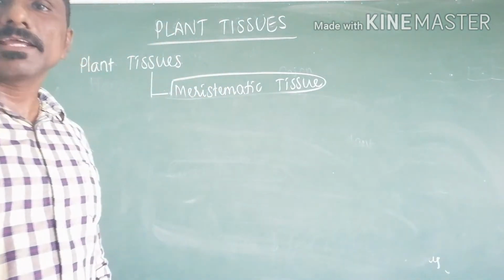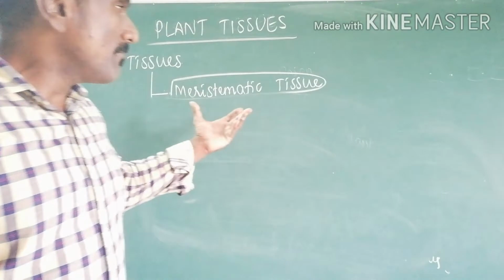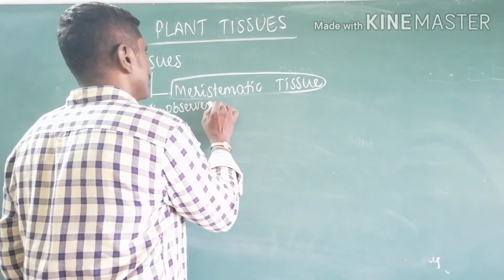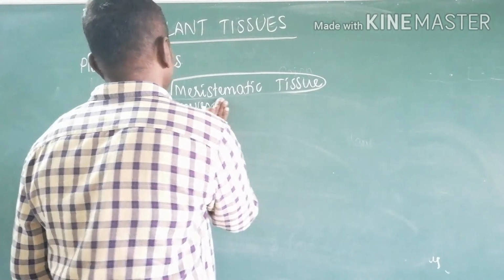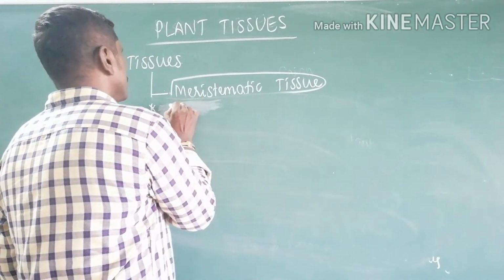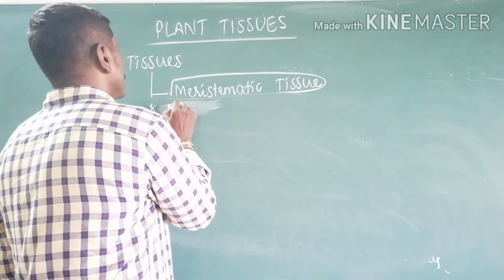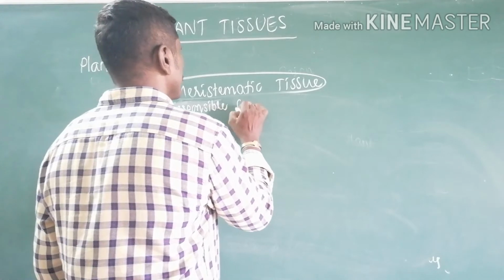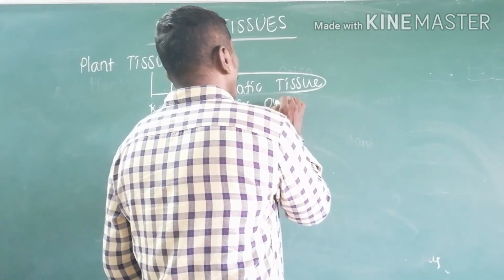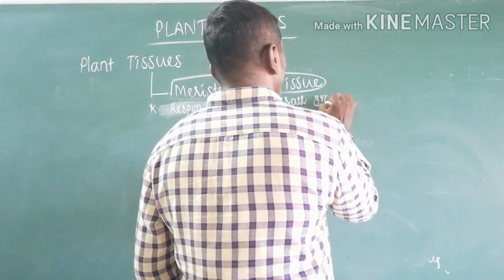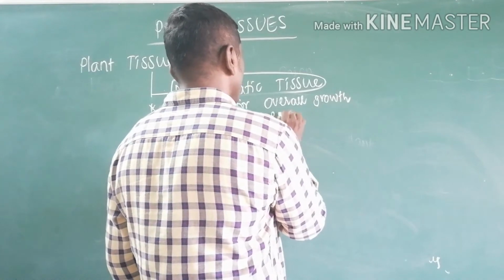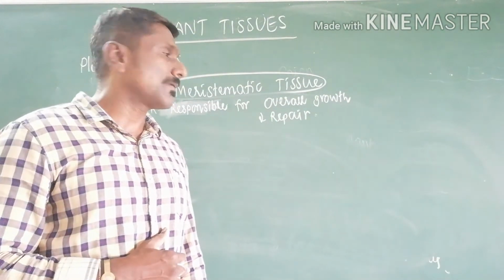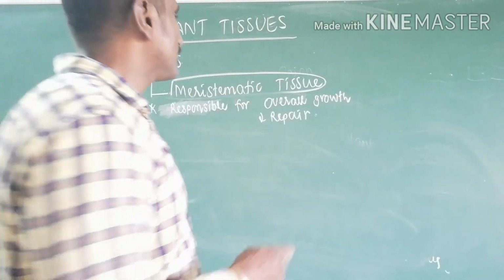The first one is the meristematic tissue. Meristematic tissue is responsible for the overall growth and repair of the plant body, and we have three types of meristematic tissues here.